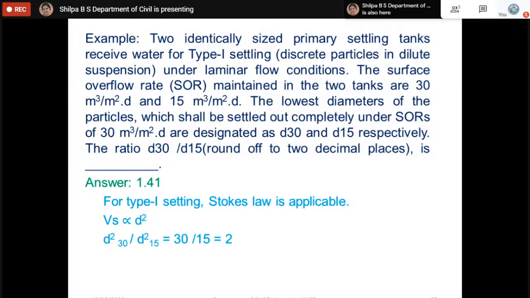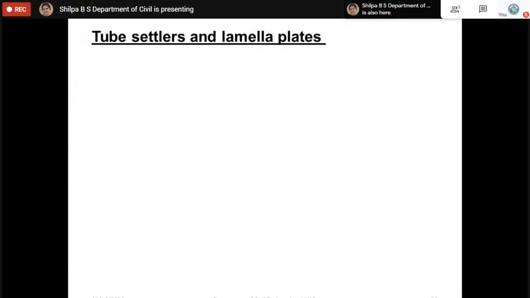Since in this case we have two diameters, we can write d square of 30 and d square of 15. It is also given that the surface overflow rates are 30 and 15. So when we take the ratio, the value is 2. When we take the square root of 2, we get 1.41. So that is the answer, the ratio D30 by D15.